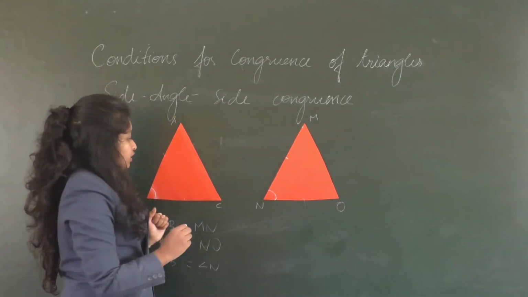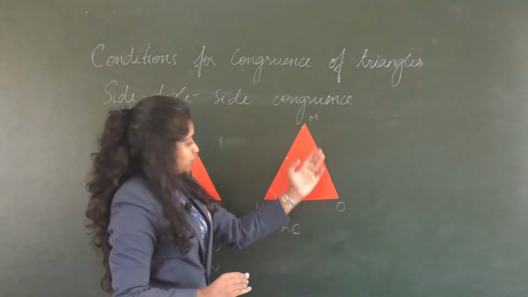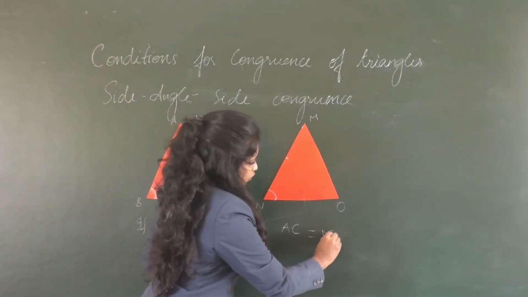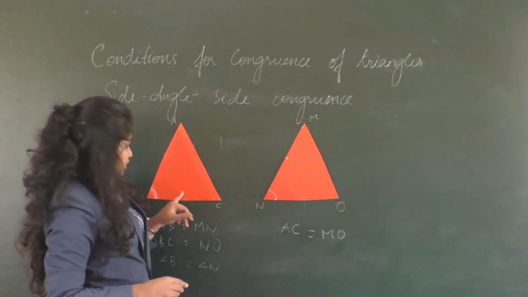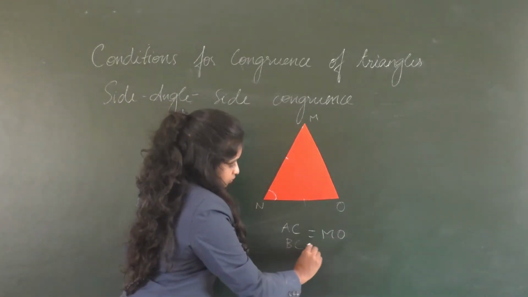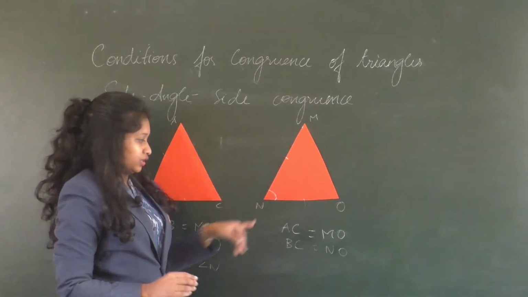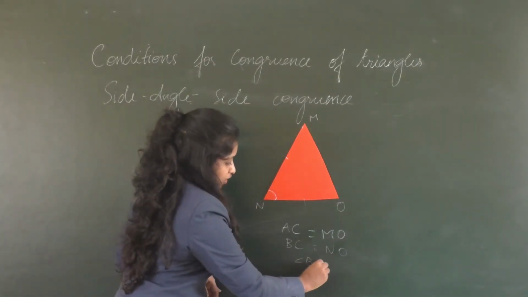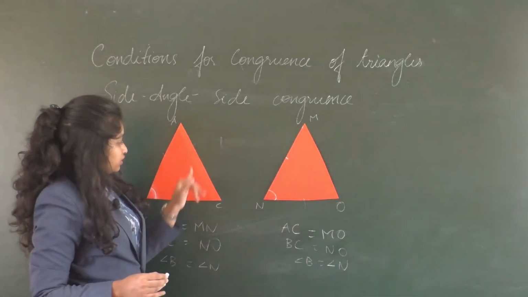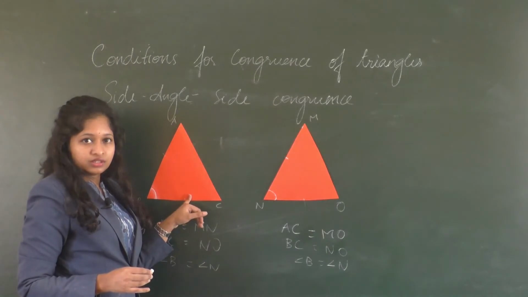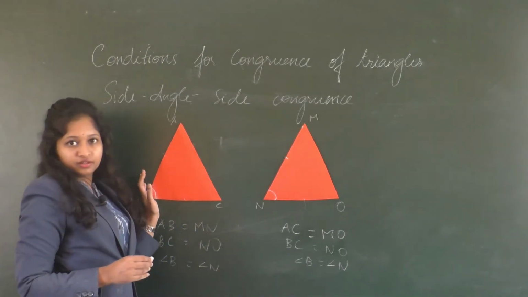But if AC is equal to MO and BC equal to NO and angle B and N are equal, angle B equal to angle N. So we have taken these two sides and not this included angle, we have taken another angle.